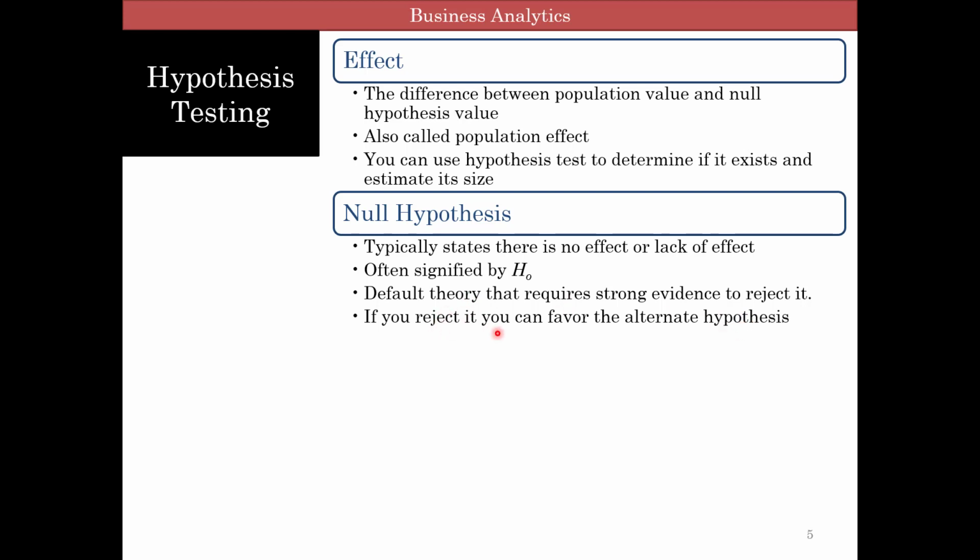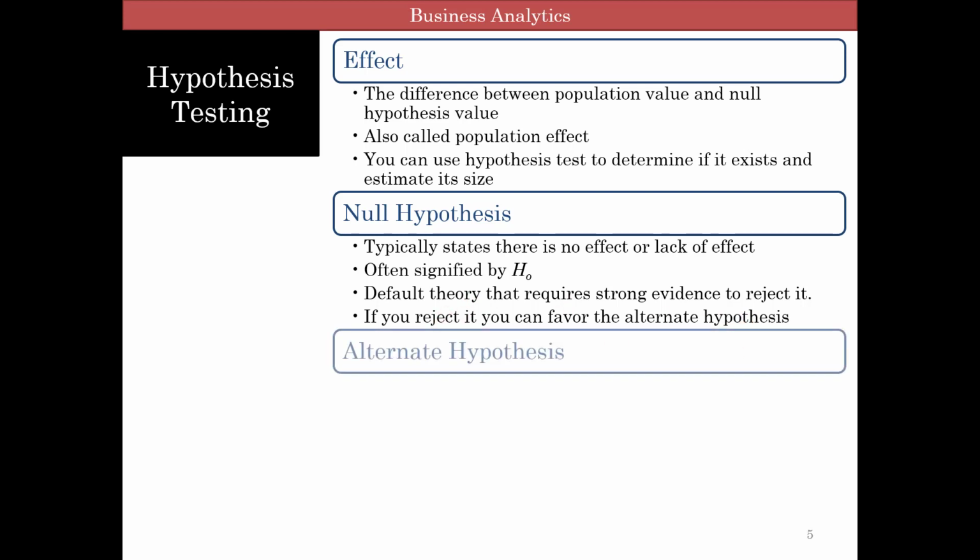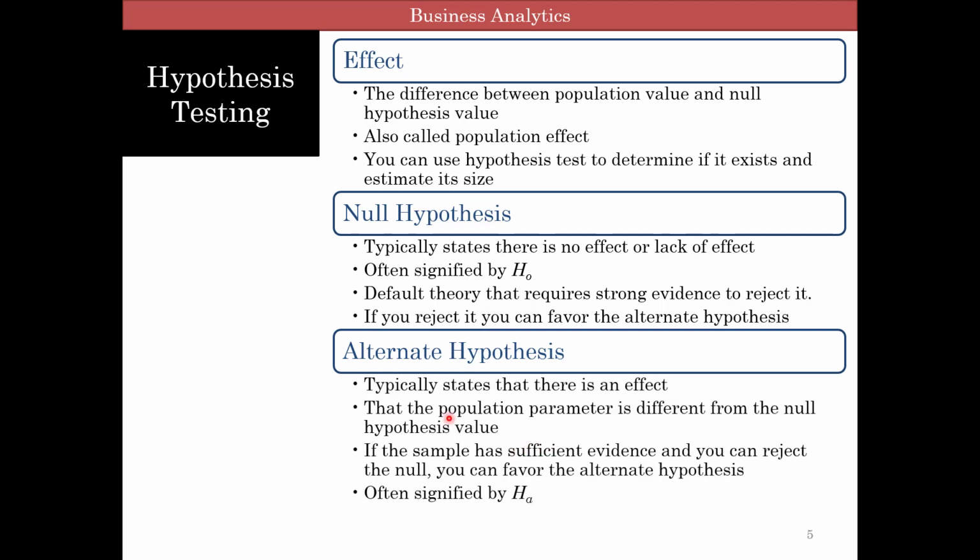If you reject it, you can then favor your alternate hypothesis, which typically states that there is an effect, that there is a difference between the population from which you're actually collecting the sample and the null hypothesis distribution. So the population parameter is different from the null hypothesis value. If the sample has sufficient evidence, you can reject the null and favor the alternate hypothesis. It's often signified by H subscript A.